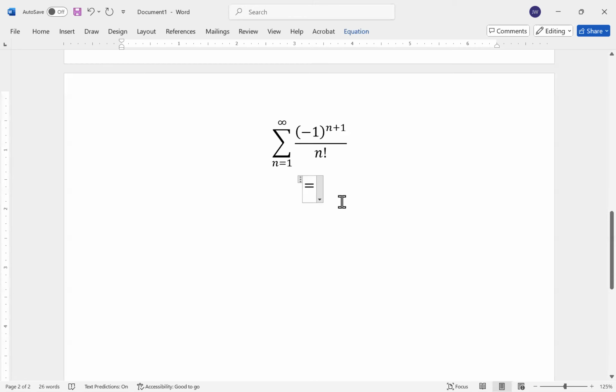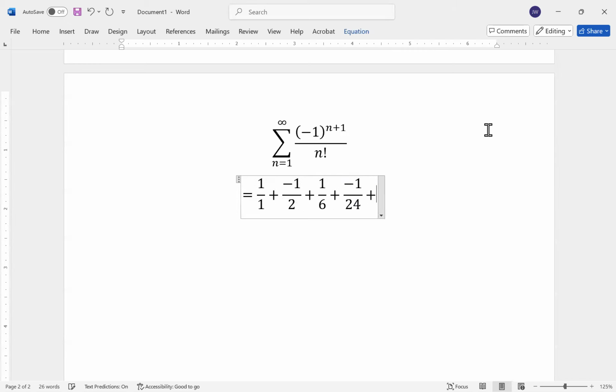I tend to start writing out the terms in the series. If I plug in 1, I get 1 over 1. If I plug in 2, I get negative 1 over 2. If I plug in 3, 3 factorial is 6, so I get a positive 1 over 6. If I plug in a 4, I get a negative 1 over 24.